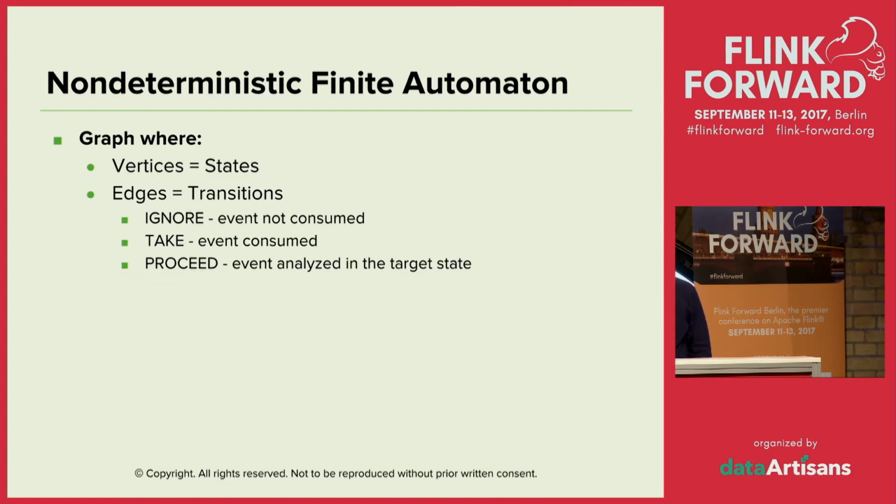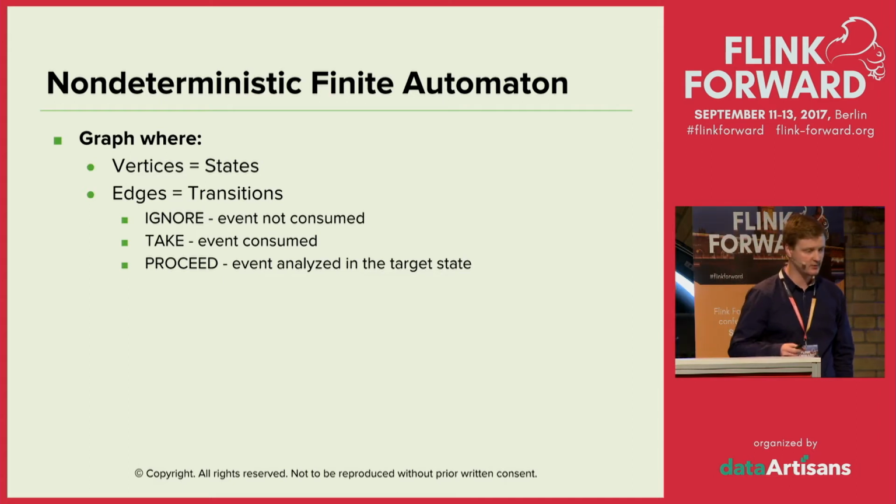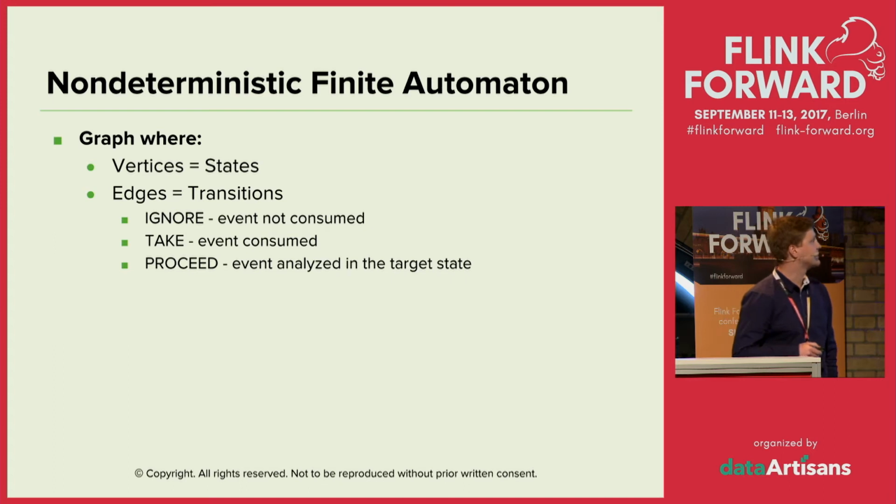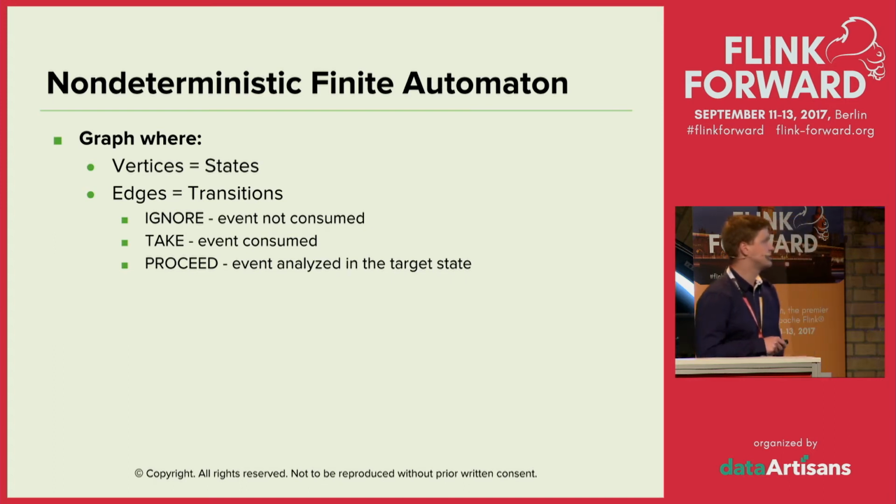So basically, the general idea behind the Flink CEP library is the non-deterministic finite automaton, which is in fact a graph where vertices correspond to states, which correspond to individual blocks of a pattern. And those states are connected with edges, which are called transitions.